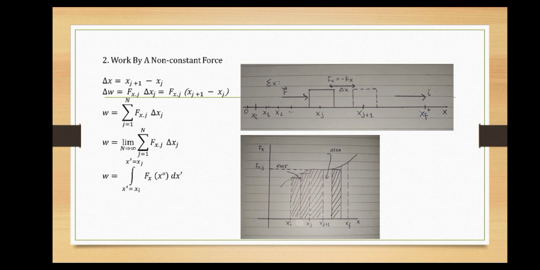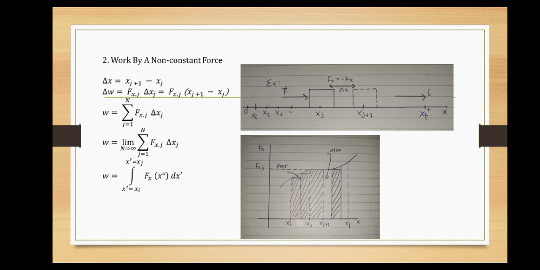Its summation limit is by definition the force integral with respect to x prime. So work is an integral of Fx of x prime dx prime, where x prime moves from the start to the end position. It is now a working definition that generalizes from a constant force to a non-constant force.